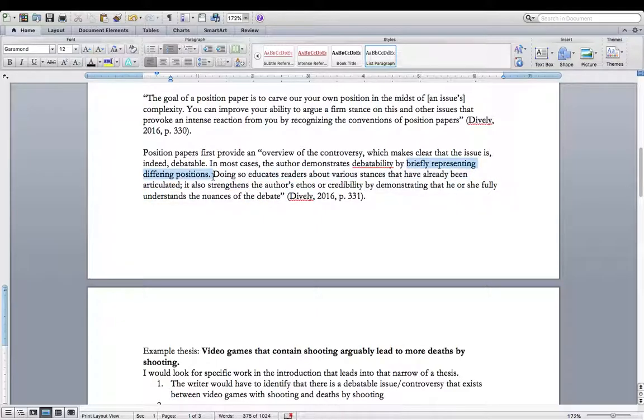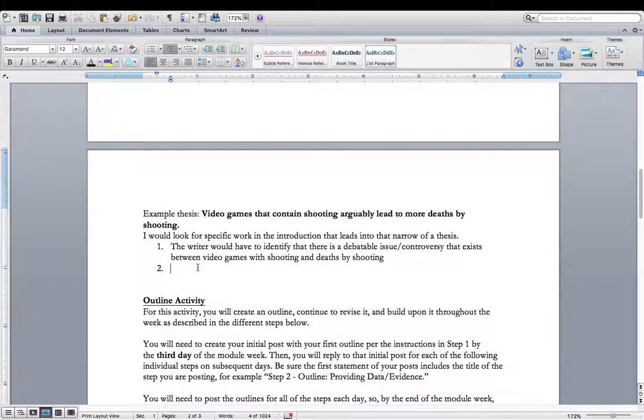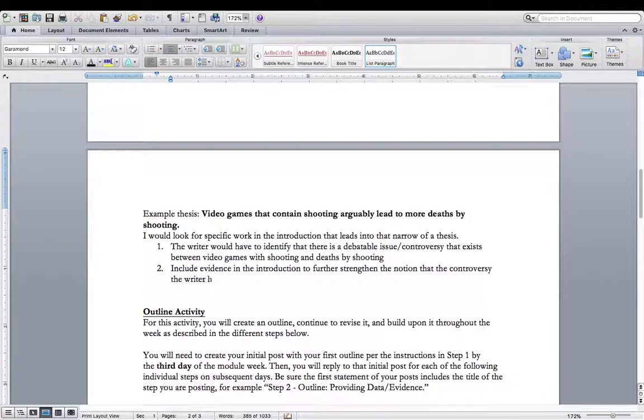So that being said, then you have to do this part, briefly representing differing positions. This is including evidence in the introduction to further strengthen the notion that the controversy the writer has chosen is in fact debatable or a controversy.